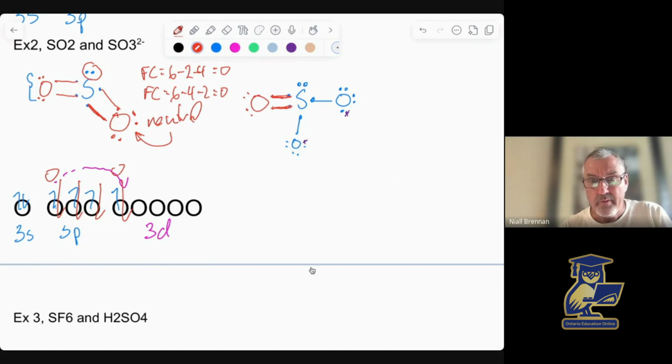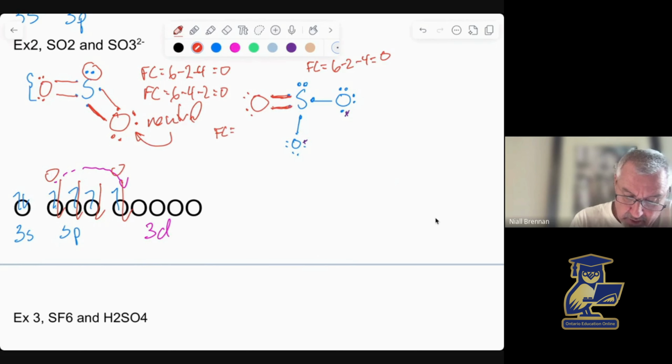So then let's go to sulfite. We'll start with the sulfur again. Formal charge is going to be equal to group 6 minus 2 dots minus 4 bonds is equal to 0. And this oxygen on the left, the red oxygen, is going to be group 6 minus 4 dots minus 2 bonds is equal to 0.